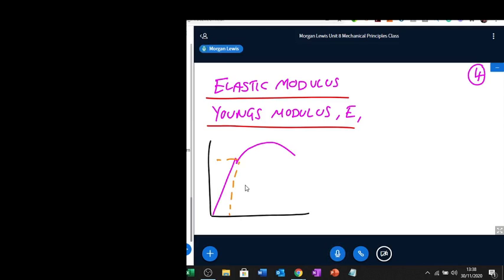So something that's quite rigid, for example, diamond has a high Young's modulus, because you need a lot of force to make it stretch, right? Whereas plastics, it goes like that. So the lower the Young's modulus, so low Young's modulus, just means high elastic.